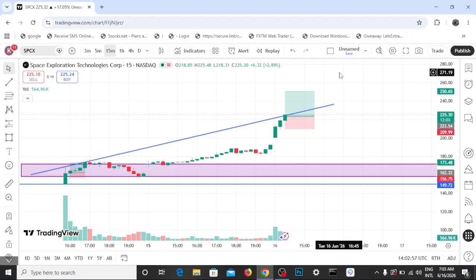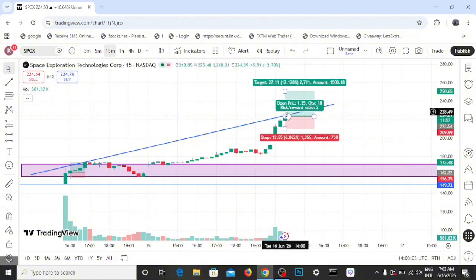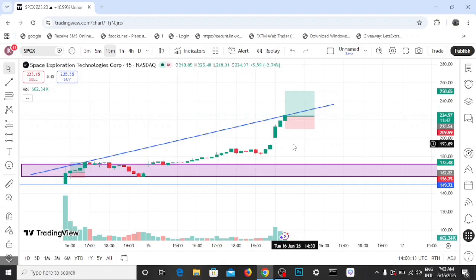I don't know how much longer, but right now it's still on a strong buy. You can see there's a really strong buy here. So make sure you set your stop loss level and set your take profit level.